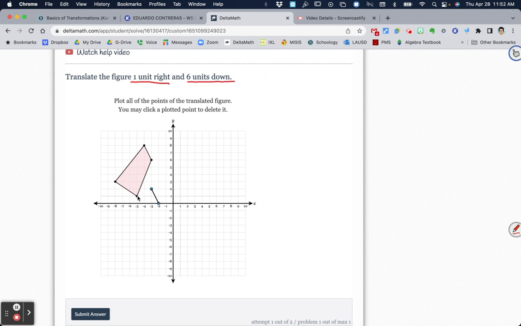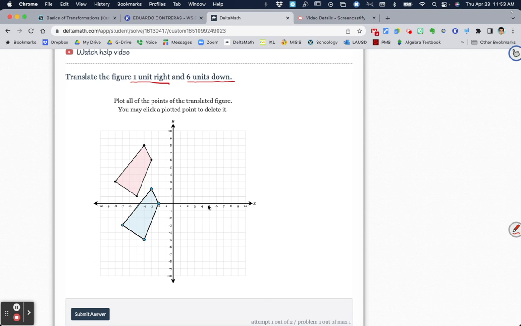So now I'm going to work on this point. And I'm going to do the same thing. 1 to the right and 6 down. There it is. So now it looks like a triangle. But once I add my last point, it should be identical. They should be congruent, remember?